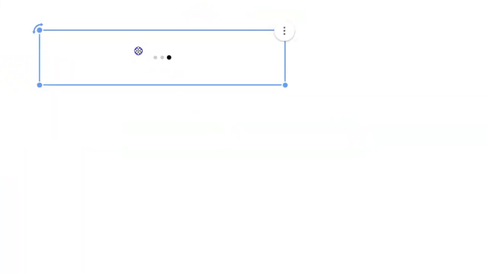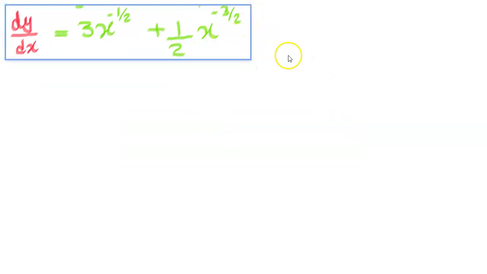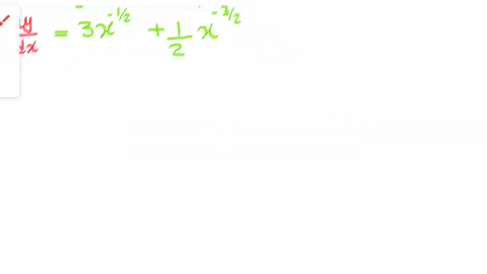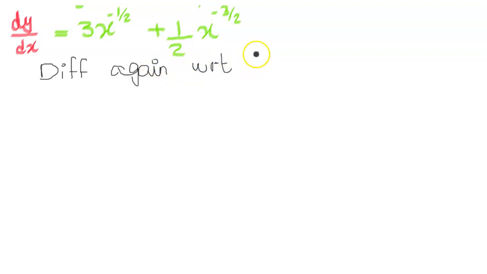Now we need to differentiate that again. We need to differentiate again with respect to x, because x is the variable.